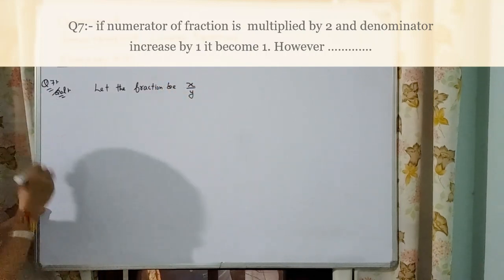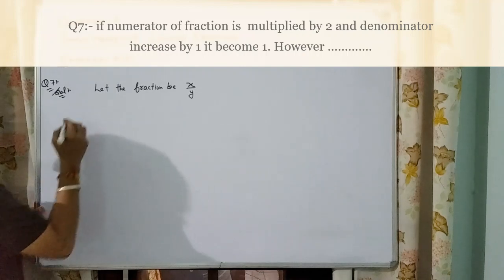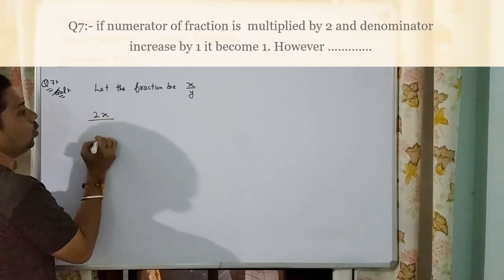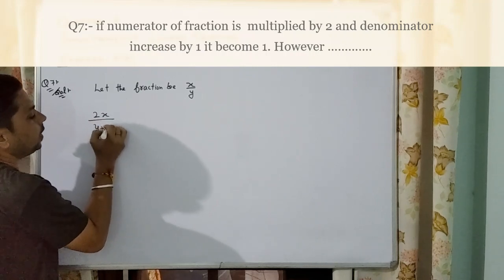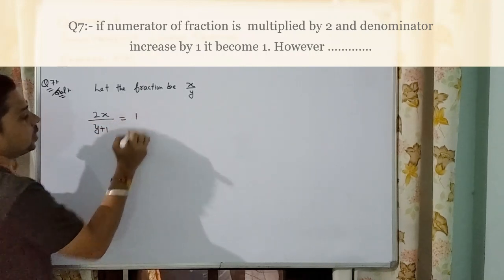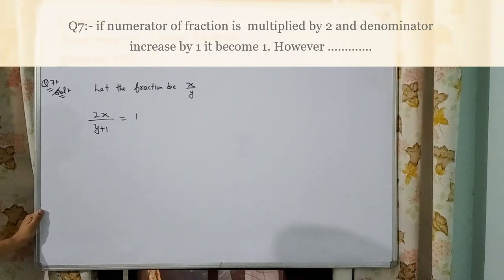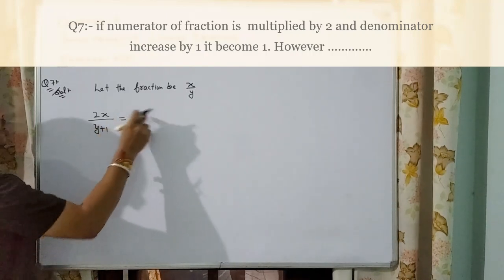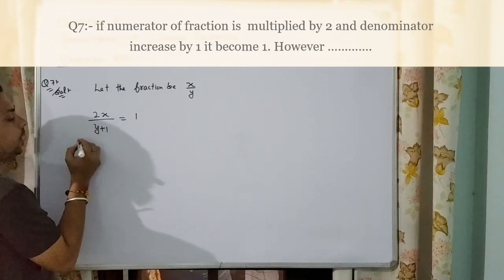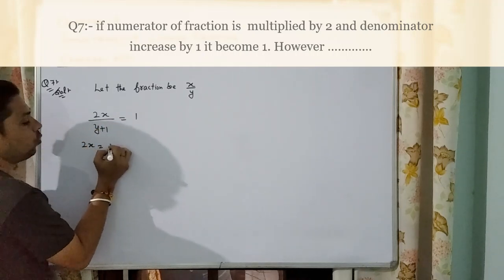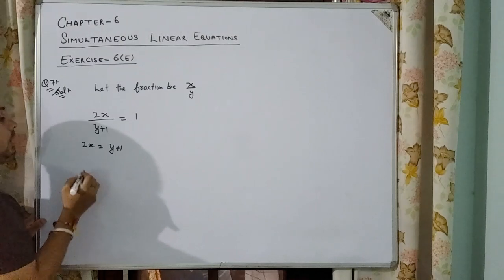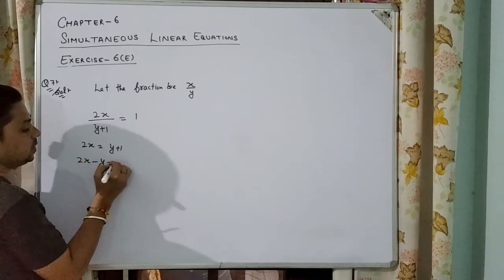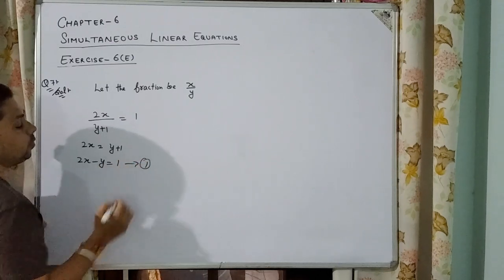According to the question, if numerator of a fraction is multiplied by 2 and denominator is increased by 1, then the fraction becomes 1. So first statement is this. Cross multiply here, we have 2x is equal to y plus 1. Solving this, we have 2x minus y is equal to 1. Make this as equation 1.